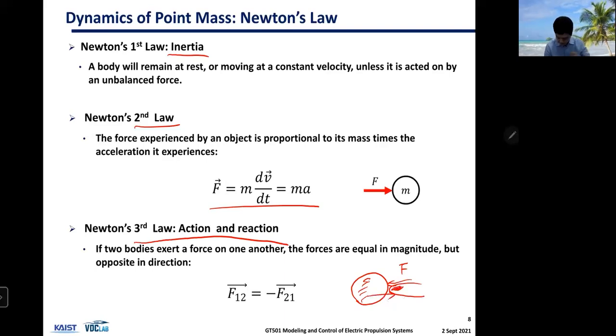Okay. So if you're pushing a ball or whatever on the surface, you'll be applying external force on that body, but there will be an opposite direction reaction force acting on the tip of your finger.